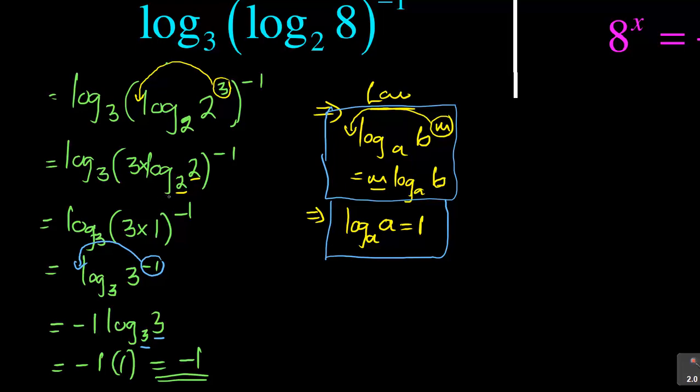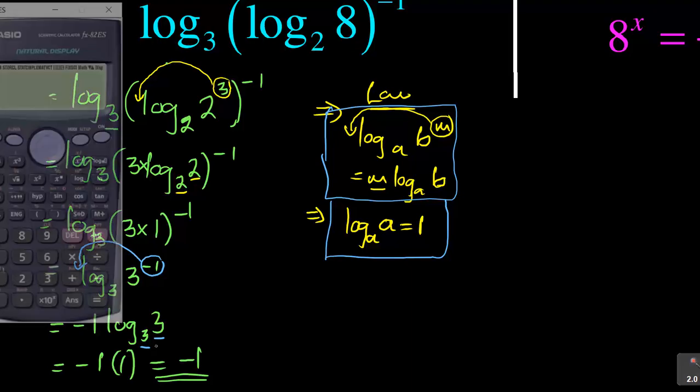Let's look at this one here. We had initially log base 3 and then log 2 of 2 to the power of 3, because that was 8. We dropped that, which is correct. That is 3 times 1. And we had log 3 to the power -1, which is the same as 1 over 3. And then 3 to the power -1, we drop that to be -1 log 3.